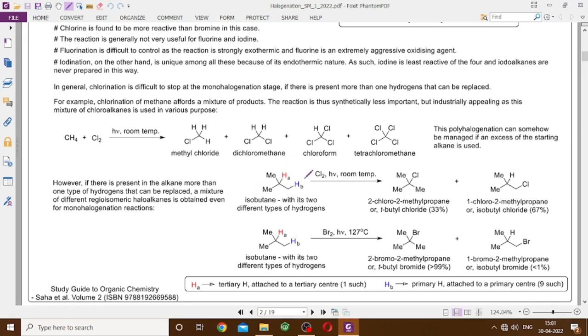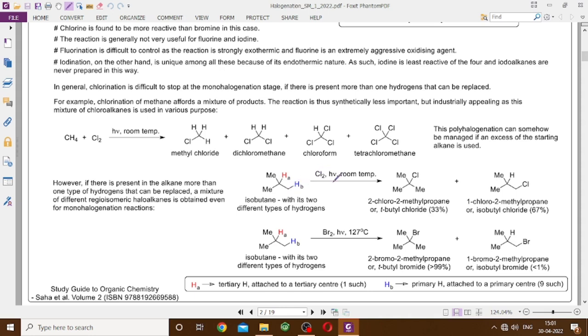For example, if we take isobutane, it has two different types of hydrogen. One hydrogen, the red one, is the tertiary hydrogen attached to the tertiary center. The other hydrogen, the blue one, HB, is a primary hydrogen because it is attached to a primary carbon. There is only one red hydrogen, but there are 9 blue hydrogens.